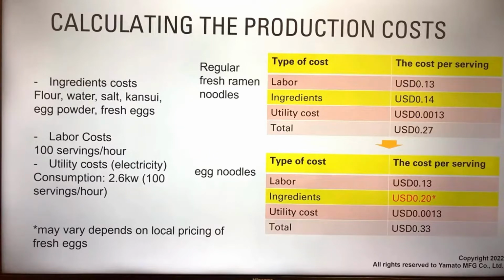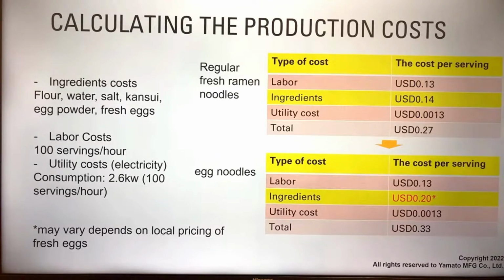So we can figure out how much we have to pay for an hour, and then how many servings we can make in an hour, and then we can figure out the labor cost.